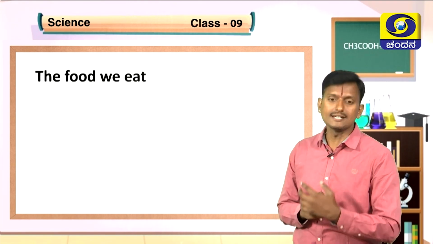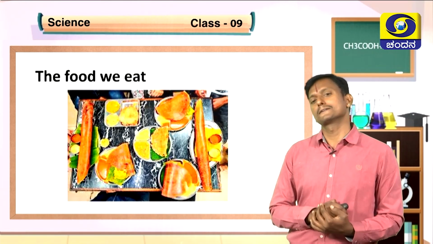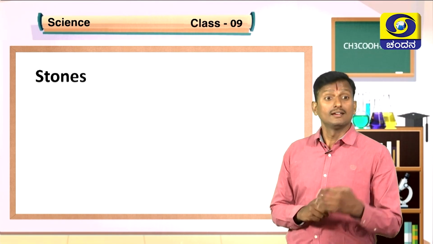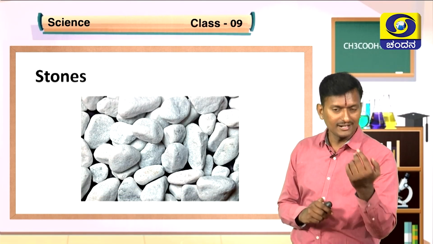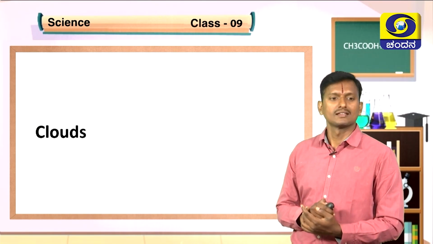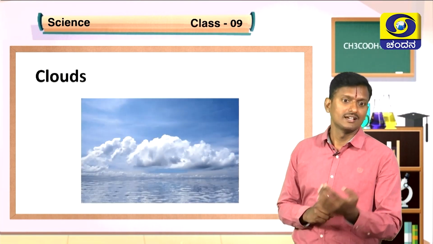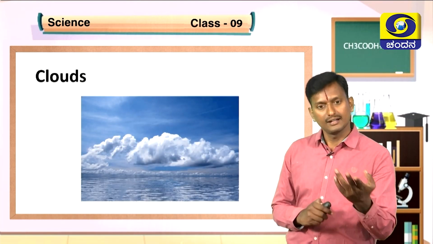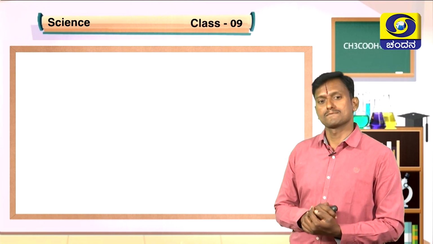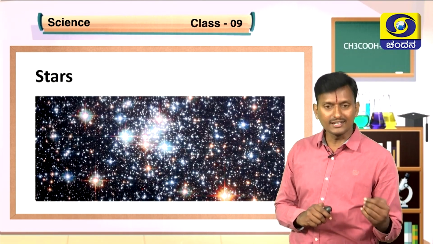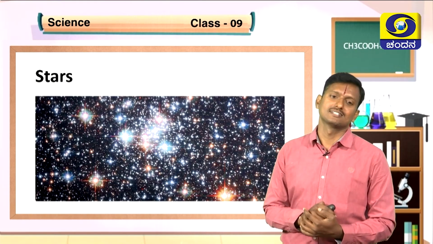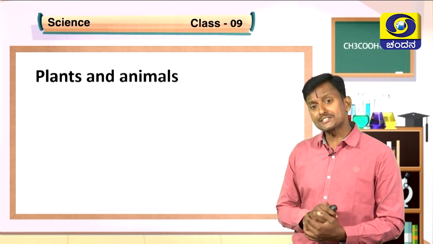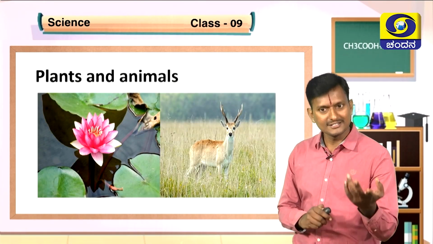The food we eat is matter. The stones are matter. Clouds, rivers are matter. Stars in the sky are made up of matter. Varieties of plants and animals are matter.